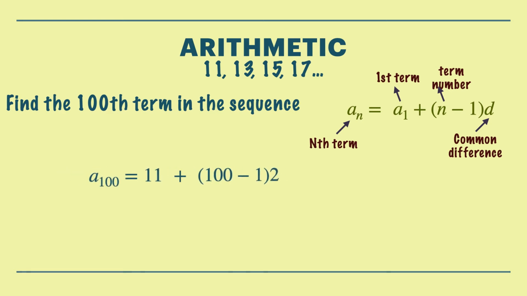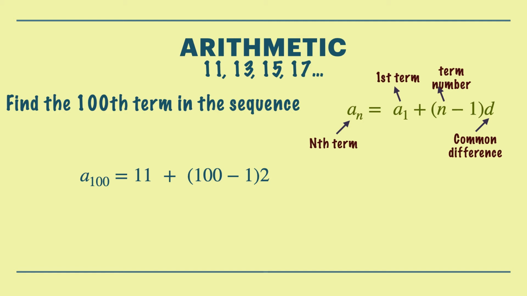All right, so we're going to find the 100th term. This is how I'm going to write it. a sub 100, meaning I want to find that 100th term, is equal to the first term, which was 11. 11 is the first term in our sequence.